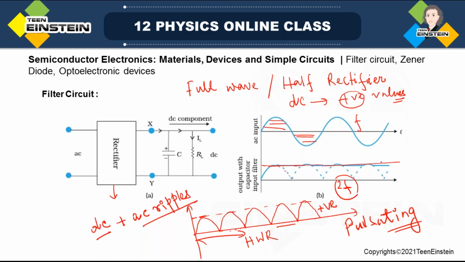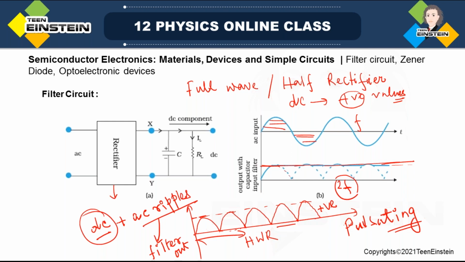If it has a constant value with respect to time, it does not change its value, then it can be used in our practical life. So we have to remove these ripples. If we filter out these ripples, then we will have a constant DC voltage.